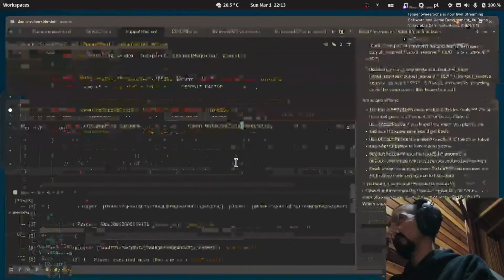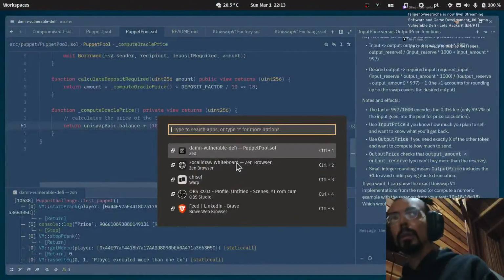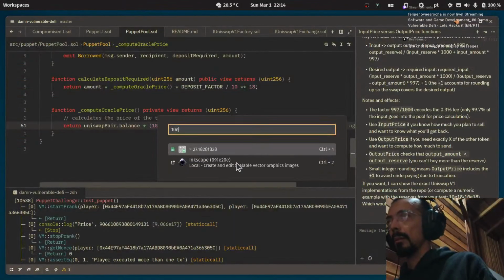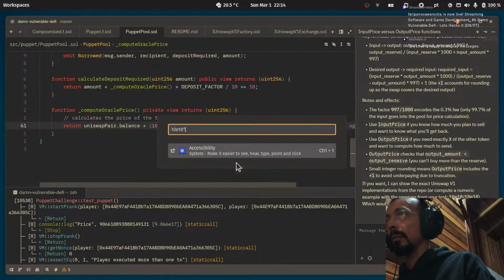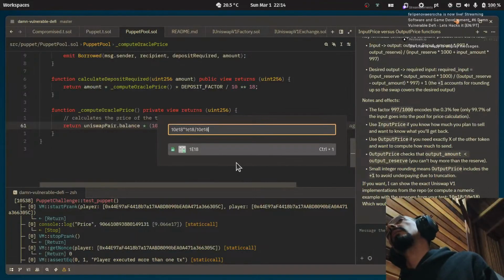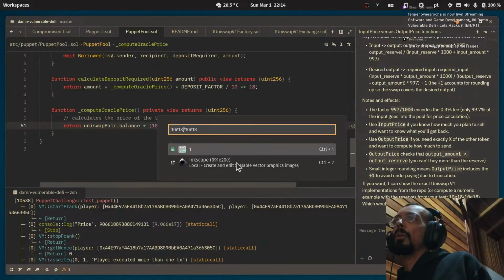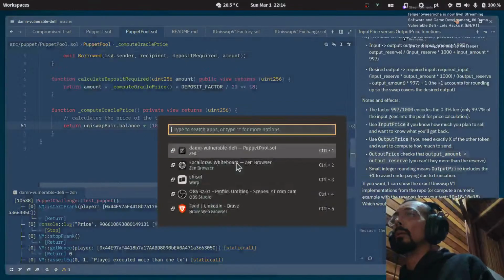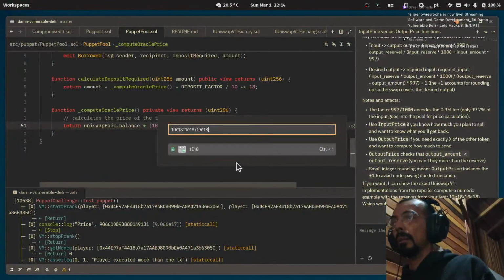So the price should be 1, right? So 10 divided by 10, right? You can see why they increase here. If we remove it, we're going to receive just 1, and we want to have the decimals, right? So that's the count.